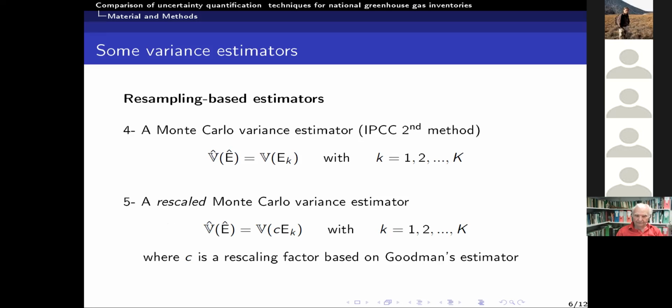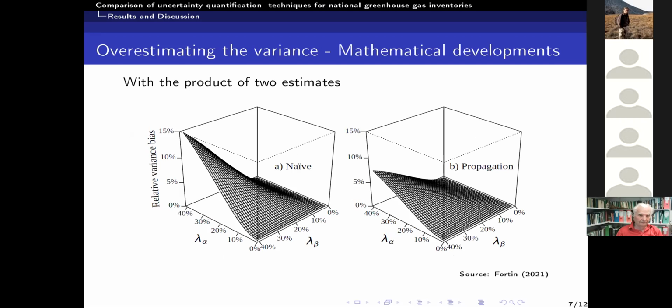So just to get an overview of the magnitude of the bias, here it's all expressed in a relative manner. Here the lambda stands for the relative standard error. It's similar to the coefficient of variation.